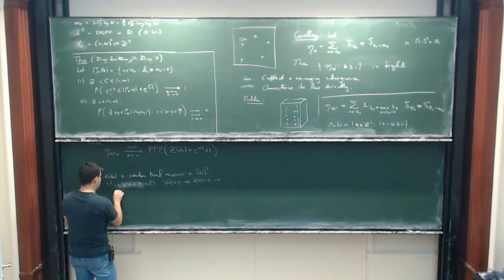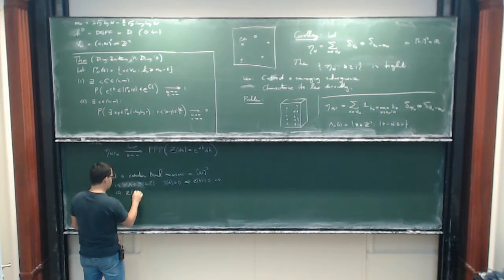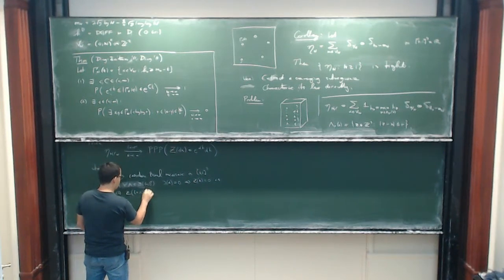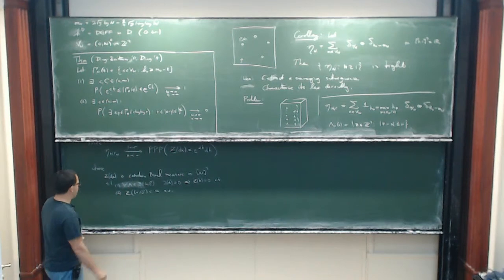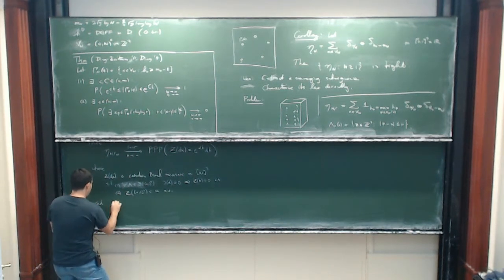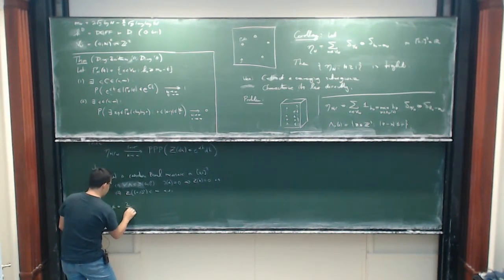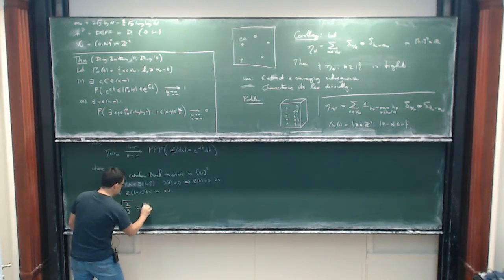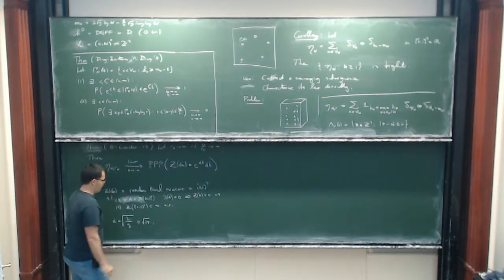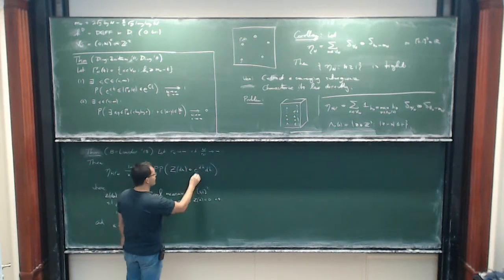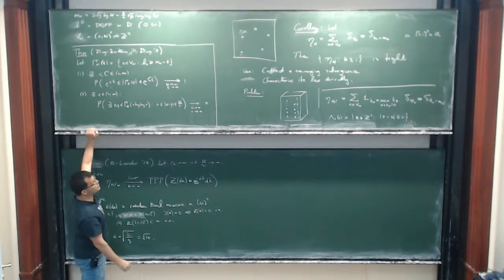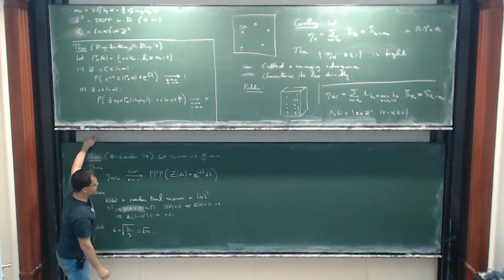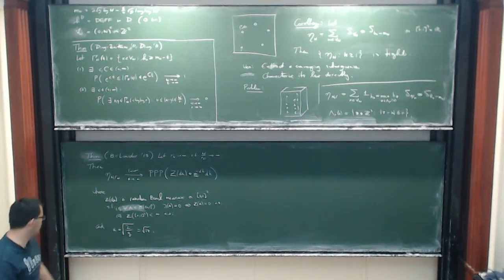And second, Z of the whole unit square is finite almost surely. And alpha is 2 over root g, which is root 2 pi. Okay, so that's the statement.